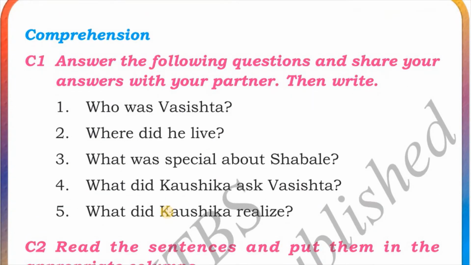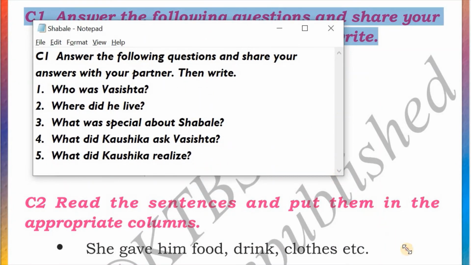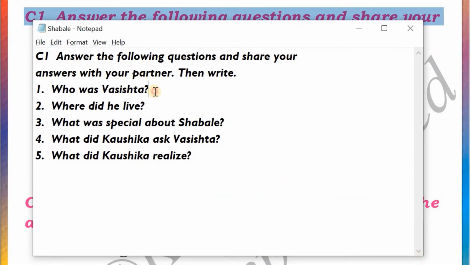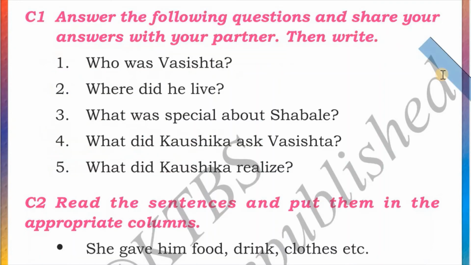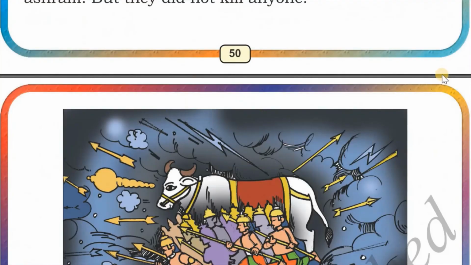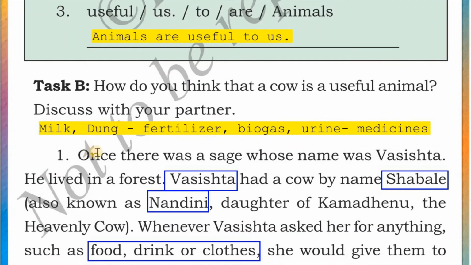Up next, we have comprehension. Let us try to answer these questions one by one. So the first question is, who was Vasishta? To answer this, let us go back to our lesson. In the beginning, we are introduced to sage Vasishta.